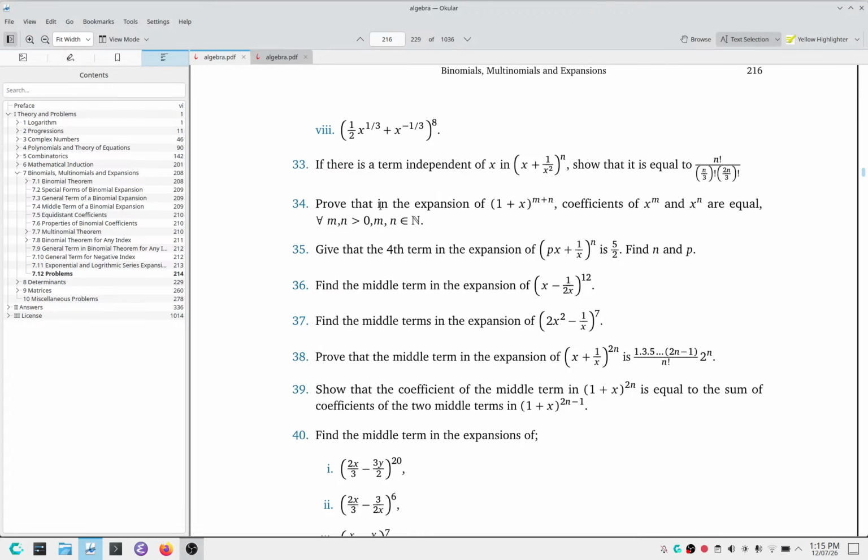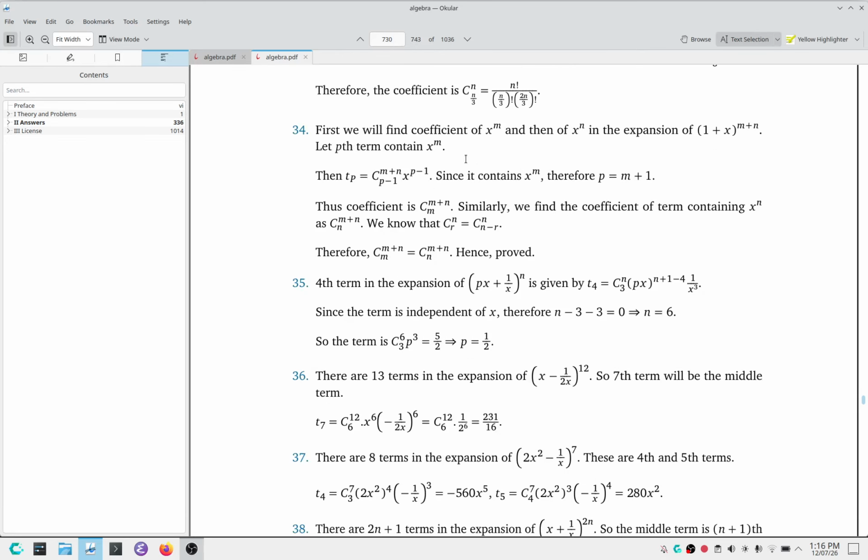Question 34 says prove that in the expansion of 1 plus x raised to the power m plus n, the coefficients of x raised to the power m and x raised to the power n are equal, for all m, n greater than 0, where m and n are natural numbers. So the pth term is given by (m plus n)C(p minus 1) x raised to the power p minus 1.